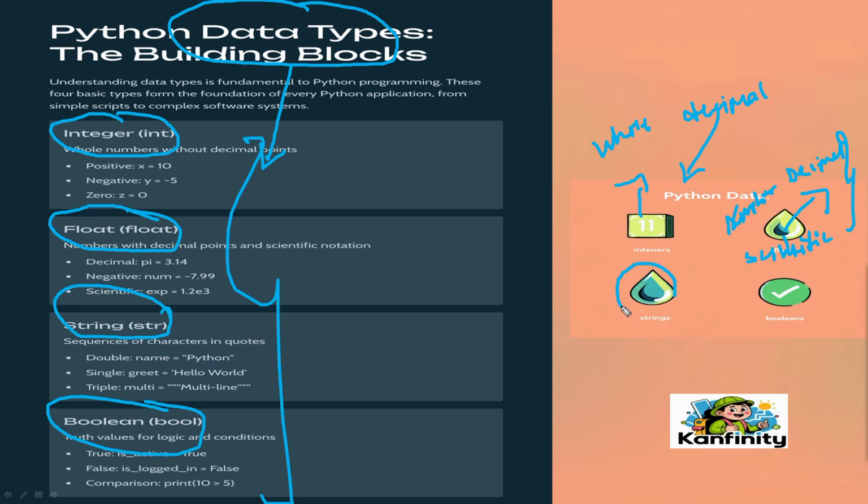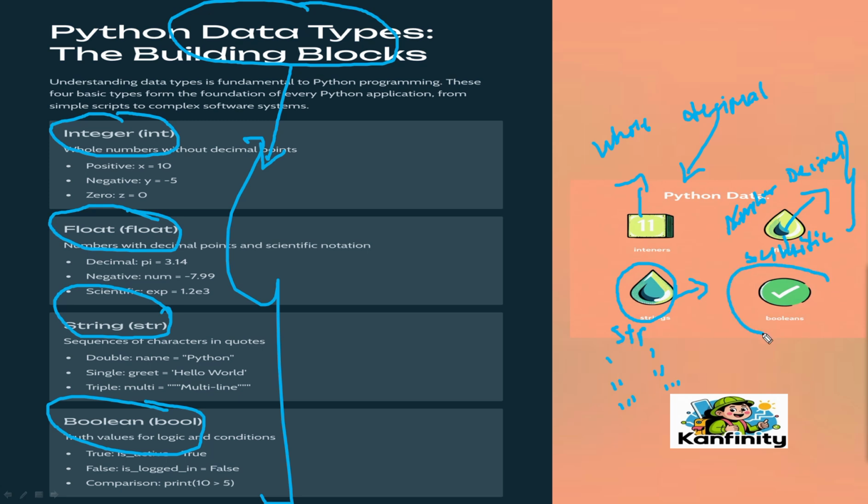Then when it comes to strings, that is str, we are going to represent a str within a single quote, double quote, or triple quote. What we represent as characters in a Python program, we call string data types.